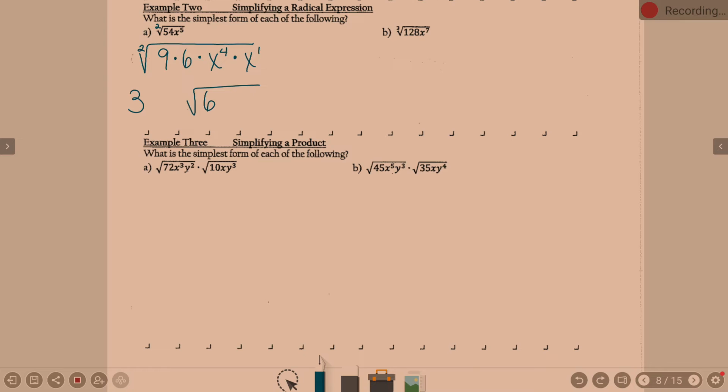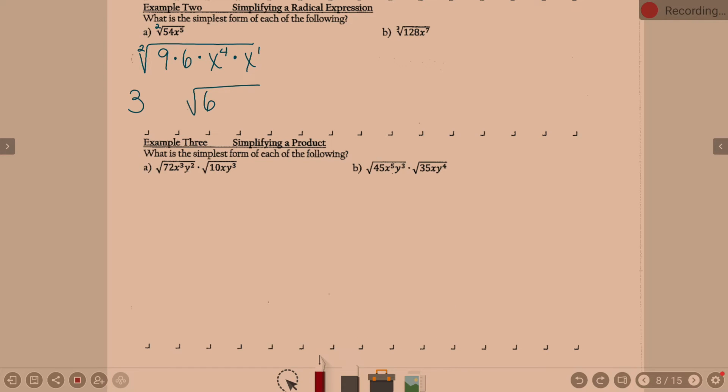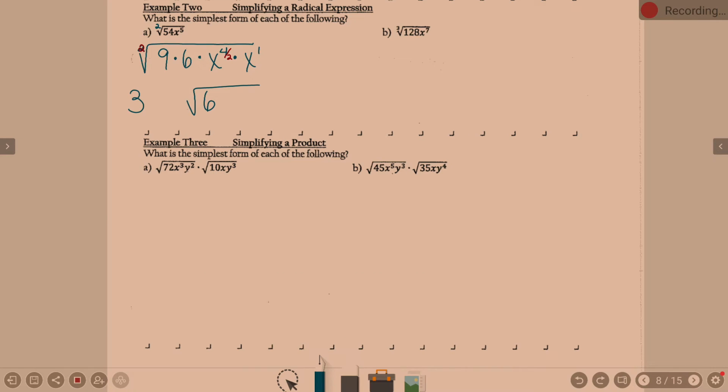Square root of x to the 4th. How do I do the square root of x to the 4th? You divide it by this little number right here, yes? And when you divide 4 divided by 2 here, we're going to get x to the 2nd. So does my x to the 2nd go outside or stay under?